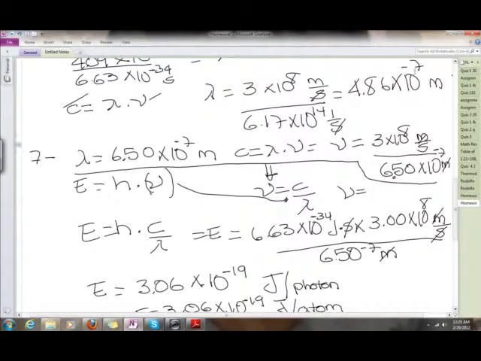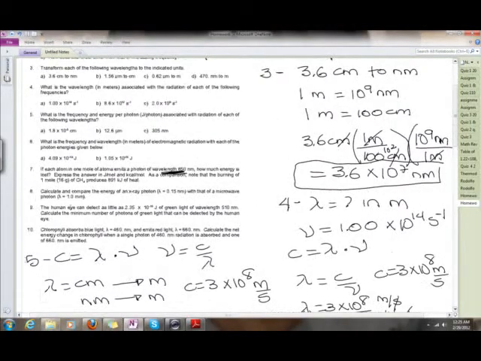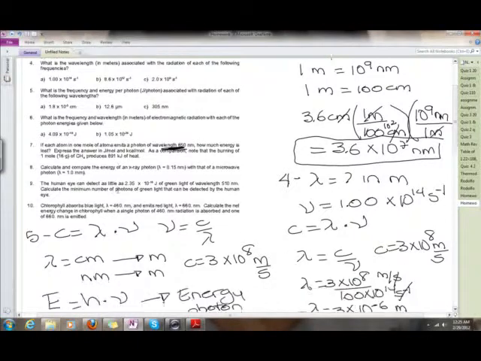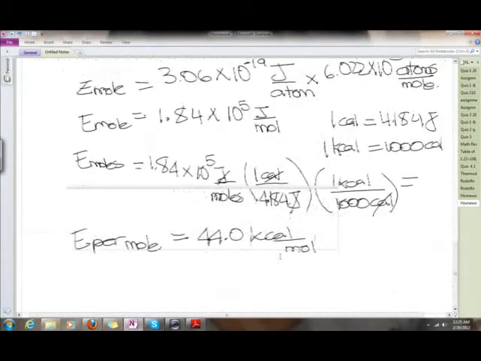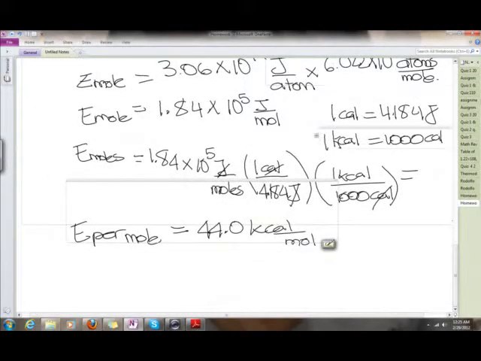Now it says to compare it to the one released by 1 mole of methane, right? Note that the burning of 1 mole of CH4 produces 891 kilojoules of heat. But how can we compare calories to joules? Let's look at this, 1.84 by 10 to the fifth joules.